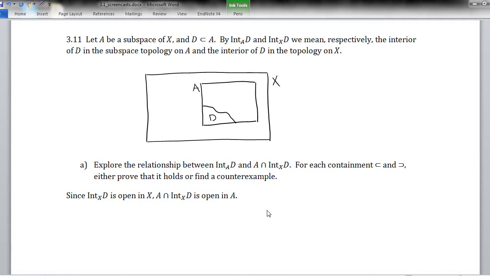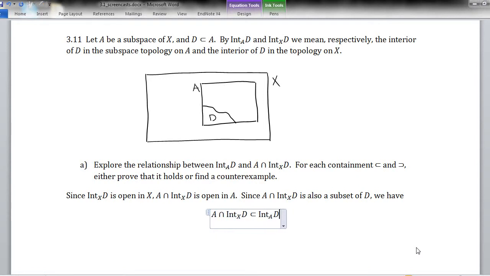All right. Well, since this intersection is also a subset of D, right? Int_X D is certainly a subset of D, and so the intersection is as well. We have what we want, namely that this intersection is a subset of int_A D. Why?